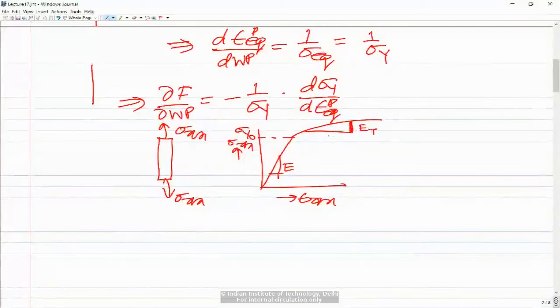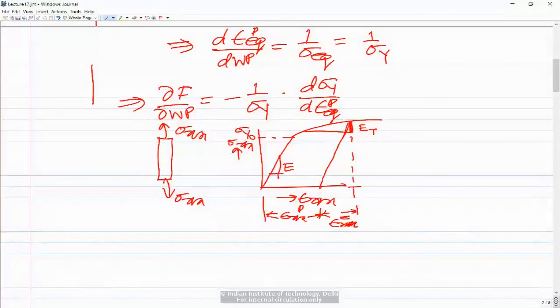We have already talked about unloading from any point, so this is your epsilon xx p, and this is your epsilon xx e, the elastic part of the strain.